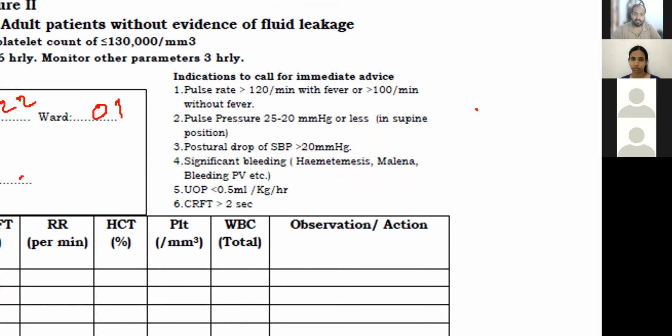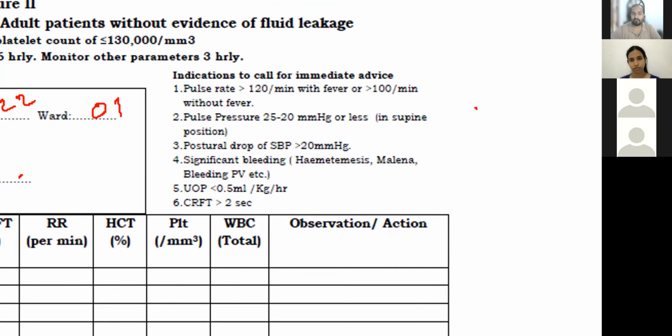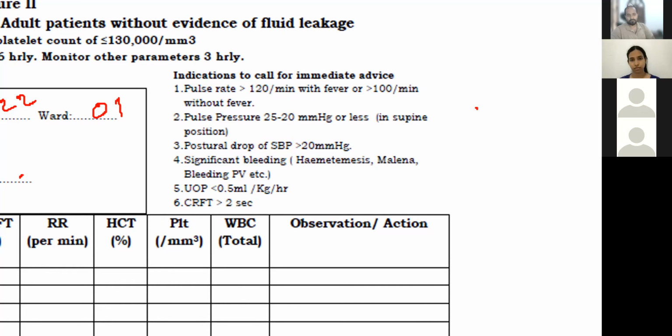So a pulse rate more than 120 with fever, or more than 100 without fever, because when a patient is having fever they can have a tachycardia, but an inappropriate tachycardia is something to worry about. Fever per se will have a tachycardia, but if there's a tachycardia which can't be explained by this fever, that can be due to a leakage.